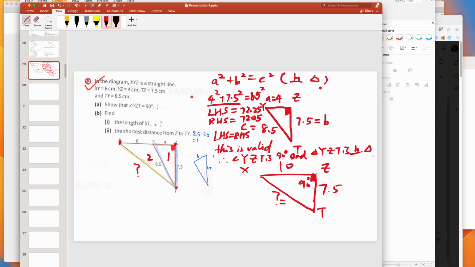Okay, now what do they ask? What's the last part of this question? The shortest distance from Z to TY, which is here. Z to TY means here, right?